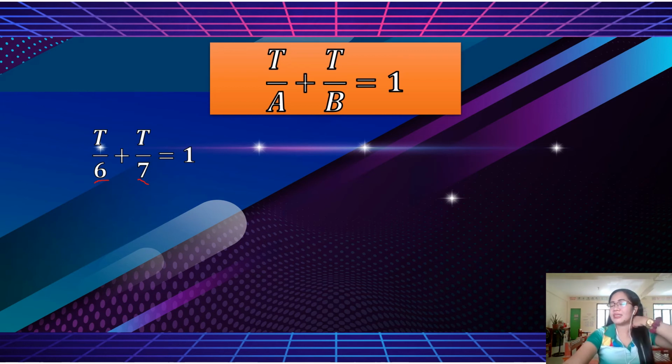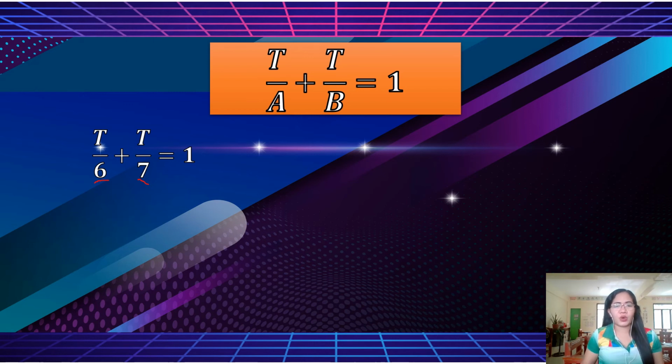Now, another example of a rational equation. So now, what do you think is the first step in solving the value of T in this type of equation? Try to recall how you are going to add fractions with different denominators, or what we call dissimilar fractions.